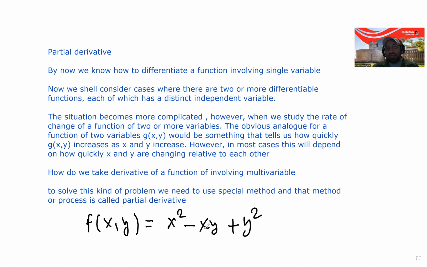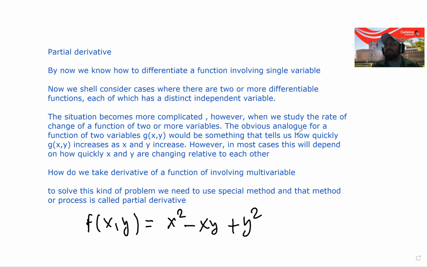However, when we study the rate of change of a function of two or more variables, the obvious analog for a function of two variables, g of x and y, would be something that tells us how quickly g of x and y increases as x and y increase.